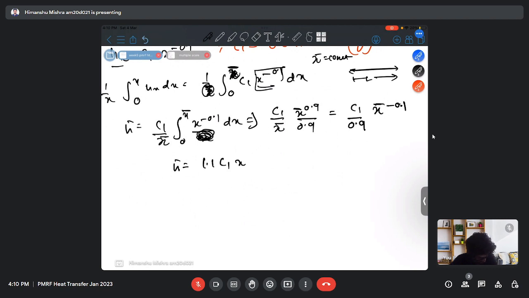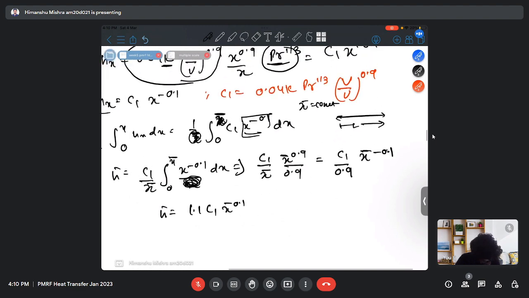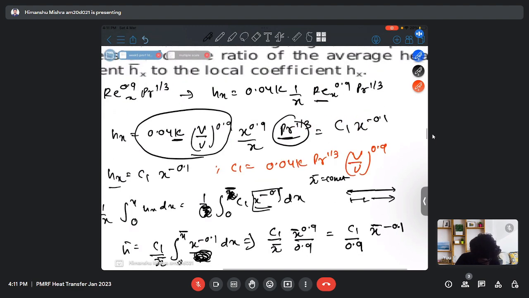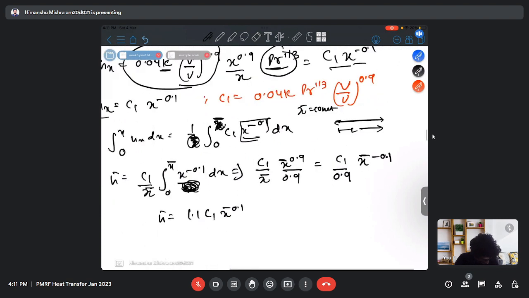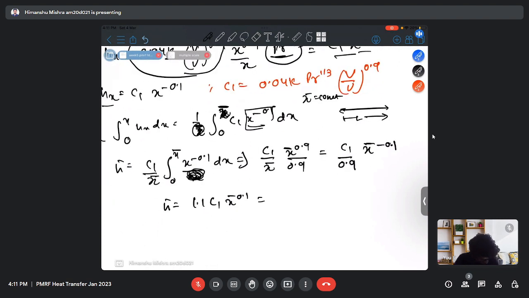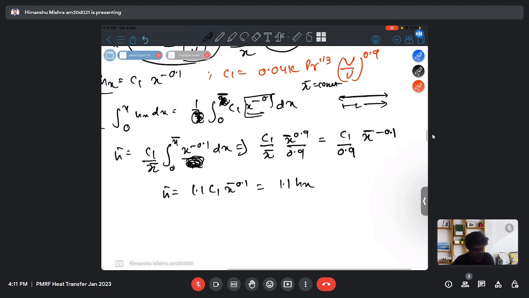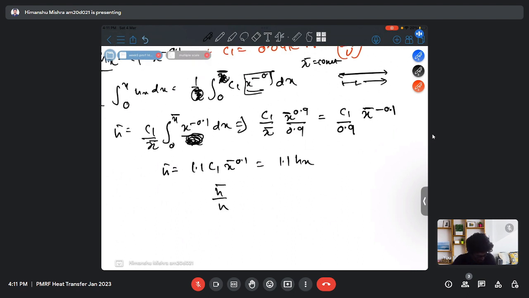So this is my average heat transfer coefficient, and my local heat transfer coefficient was C1 x to the power minus 0.1. So I can write this as 1.1 times my local heat transfer coefficient. So my ratio of average to local heat transfer coefficient is 1.1.